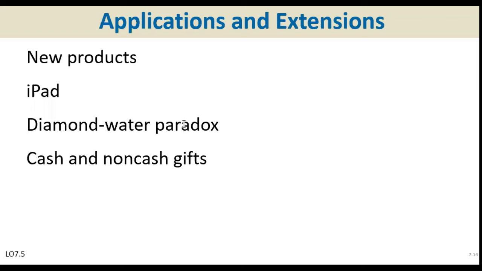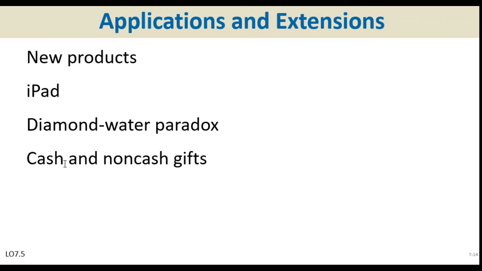Because the marginal utility of the last unit of water consumed is small, because we consume plenty of water, compared to the marginal utility of the last unit of a diamond, because again, we consume few diamonds.